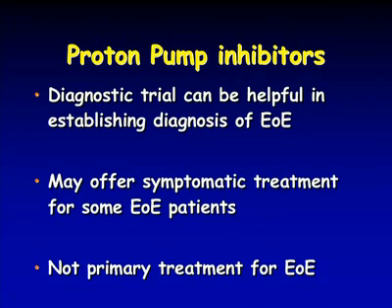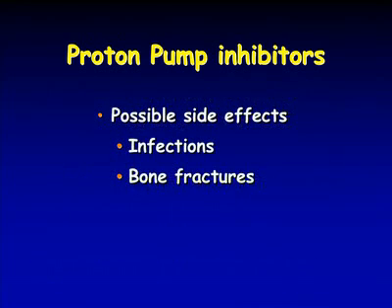And if that's the case, then antacids may be helpful. But it's important to remember that it's not a primary treatment for eosinophilic esophagitis. The side effects are shown here that include potential infections and bone fractures. We don't know how often that happens, but it certainly doesn't limit our use of those in many patients.